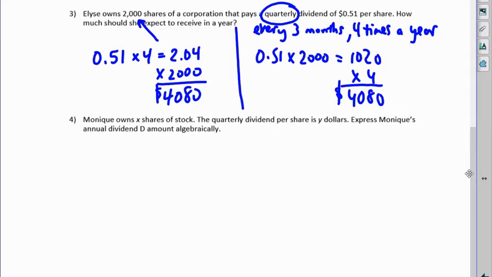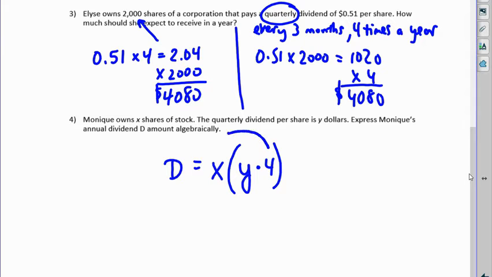So if we are going to write our dividend income equation for this situation, and we have X shares, and this time to show a different way to show multiplication, I'll use parentheses, and then I've got my Y shares times 4. We tend to want to write the numbers in front of the variables.